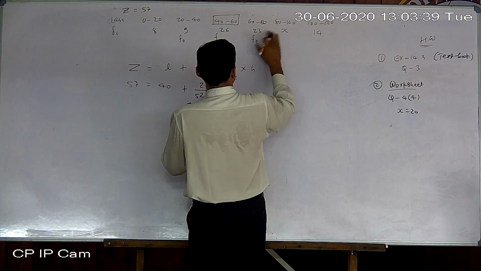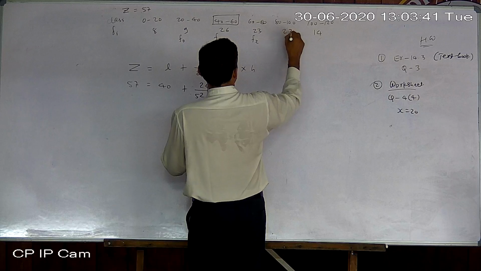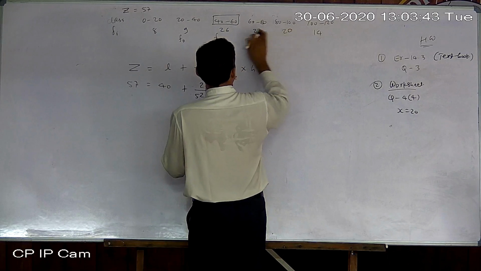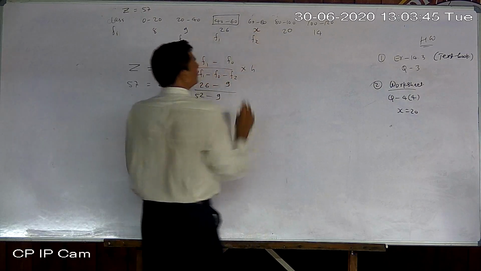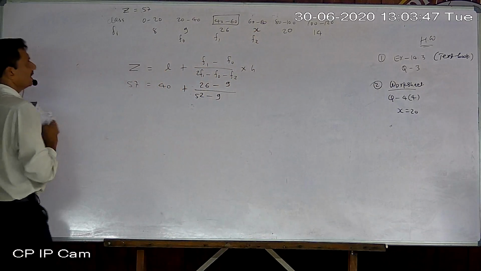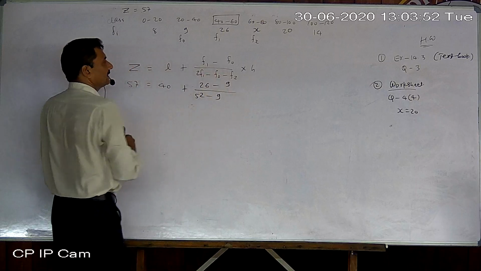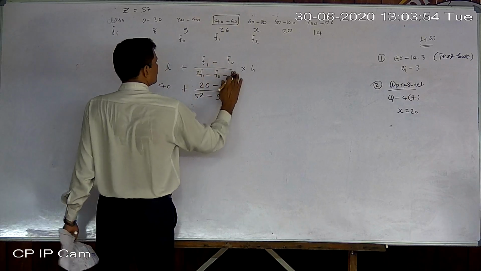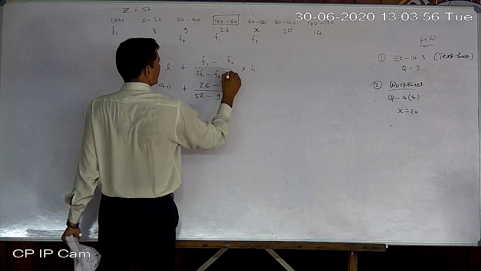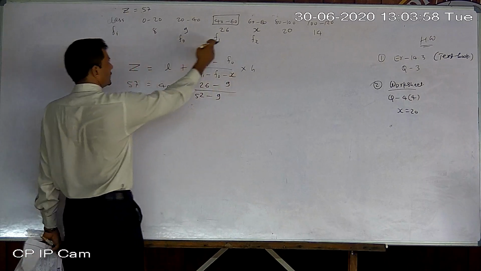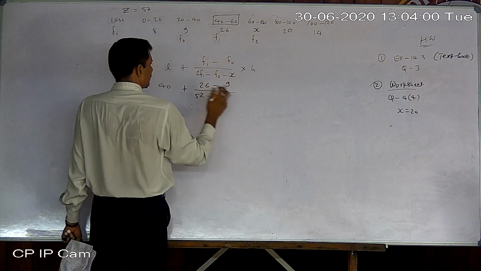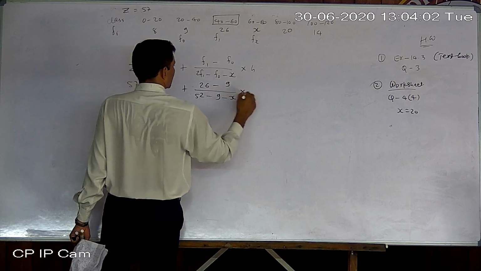This is 20, and this one is not given, X. Okay, X should be in this area only, otherwise it cannot come here. So F2 becomes X. F0 and F1 are right. So now 52 minus 9 minus X into H.